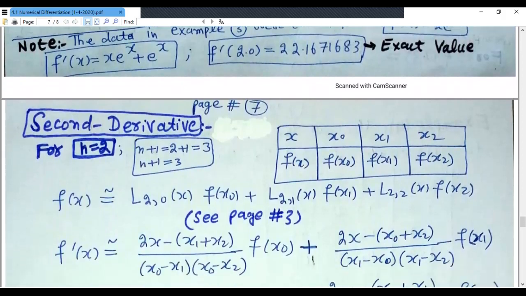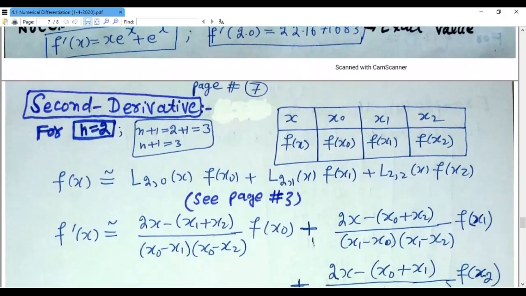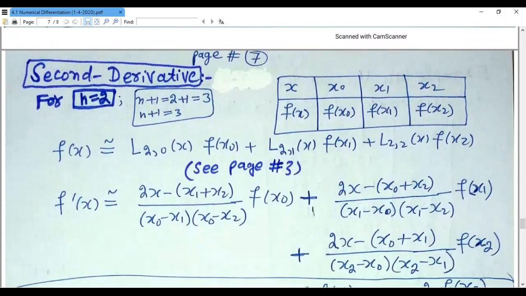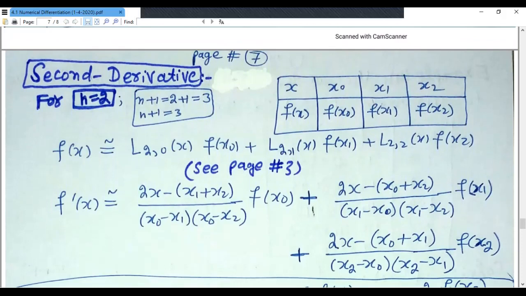Now let us derive the formula for the second derivative. Note that for the second derivative we need at least n equal to 2. That is, we need at least a 3-point formula for the second derivative.